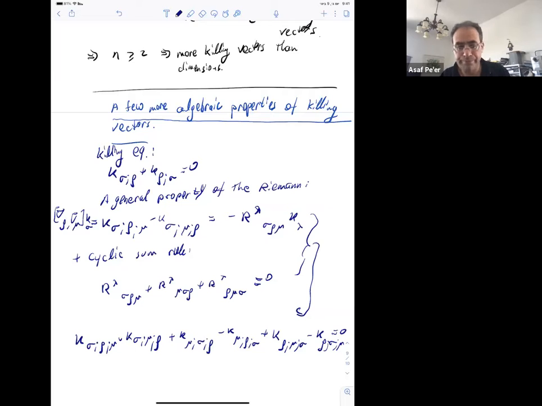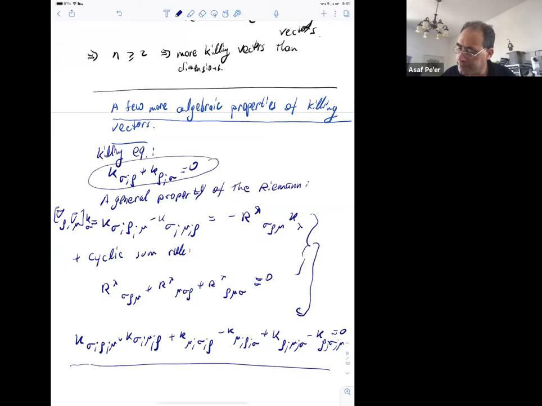Okay. Now I can use the Killing condition. So far, this is true in general, right? This just follows from the properties of the Riemann tensor. Now I can use again the properties of the Killing equation, but again, that's the first time I'm actually using it.